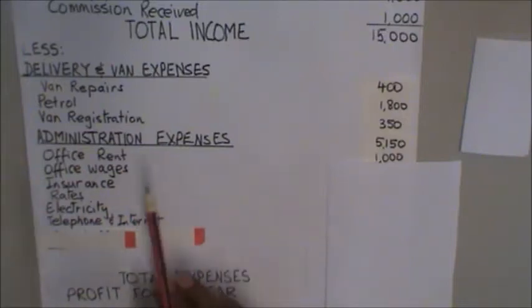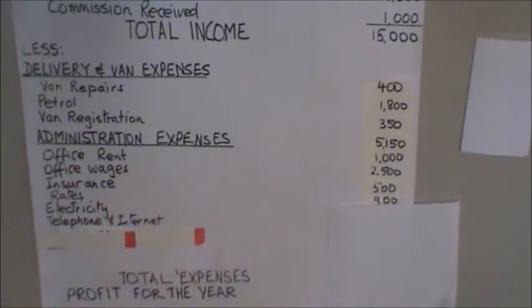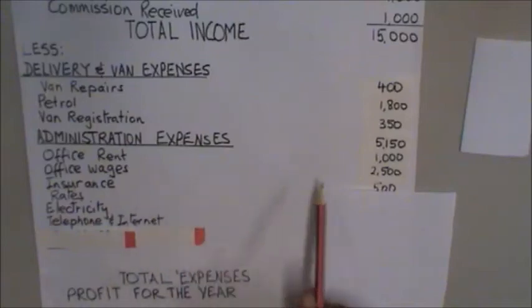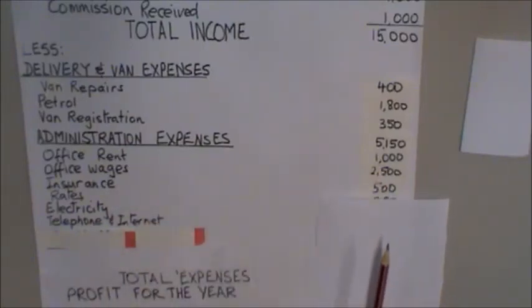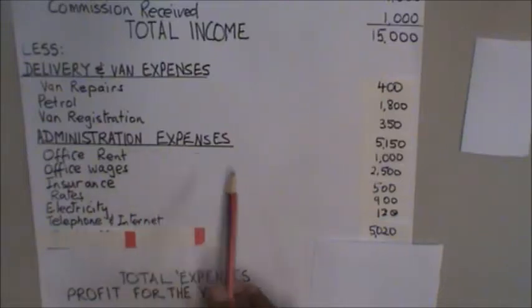You can have some more, but I'll stop there. And office rent was 1,000, office wages was 2,500, insurance was 500, rates 900, electricity 120. Total was $5,020 for administration expenses.